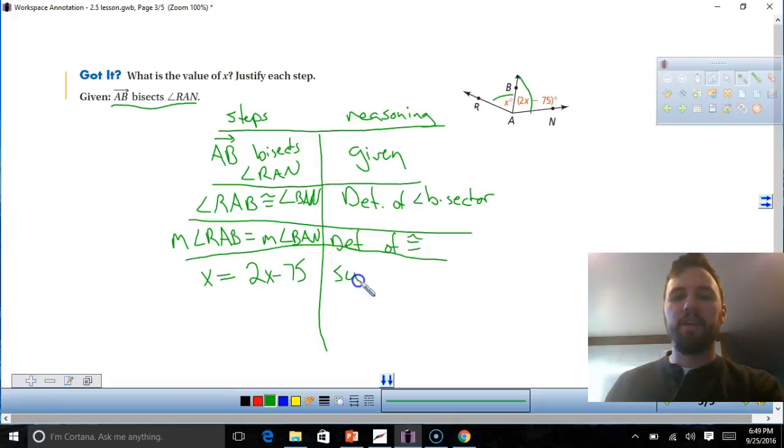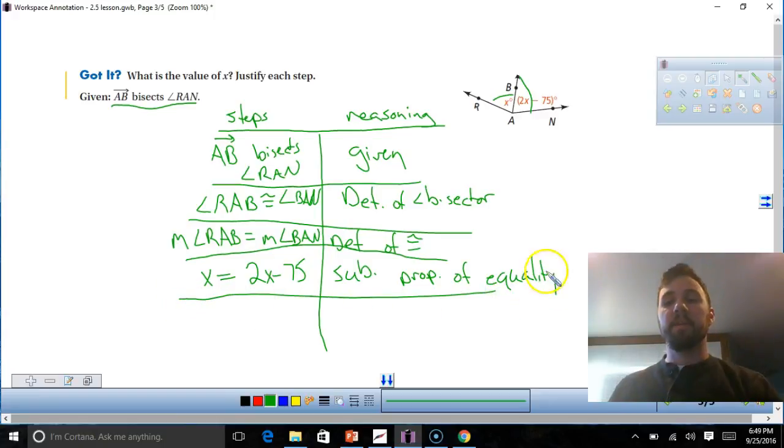That's because of my substitution property of equality. Again, because RAB equals x, so I can interchange them. And because the measure of BAN equals 2x minus 75, so I can substitute them in for each other.